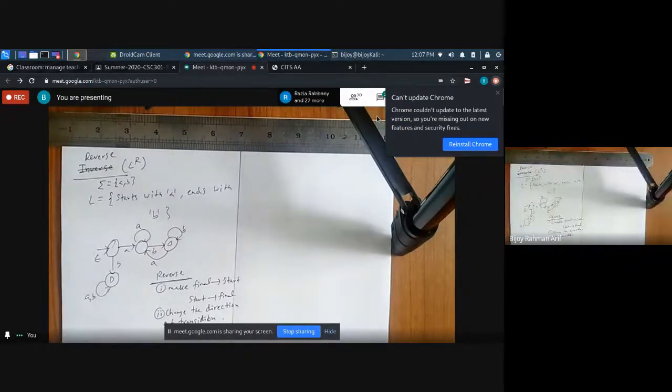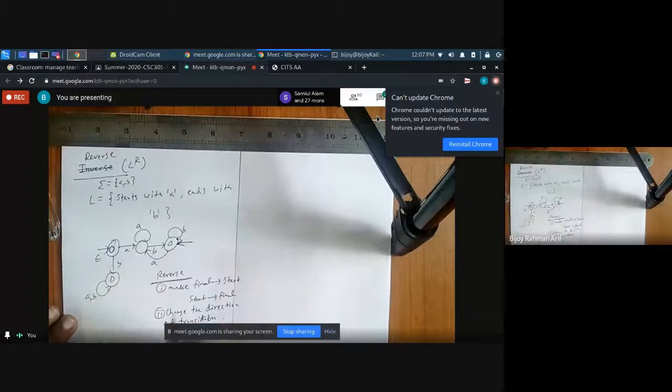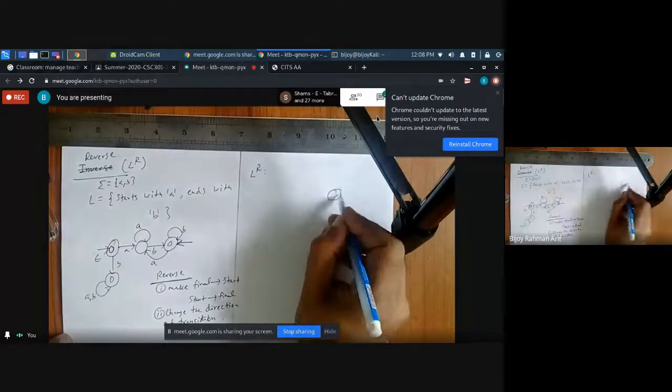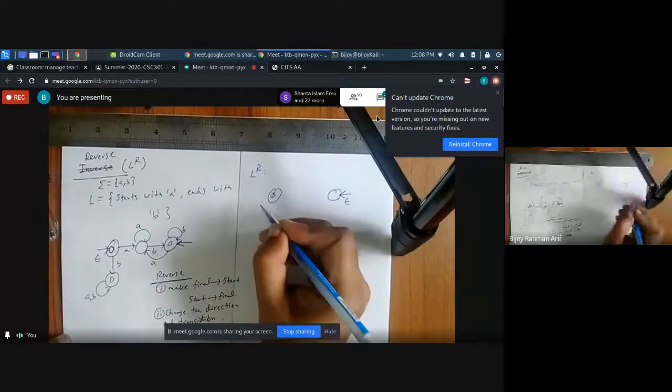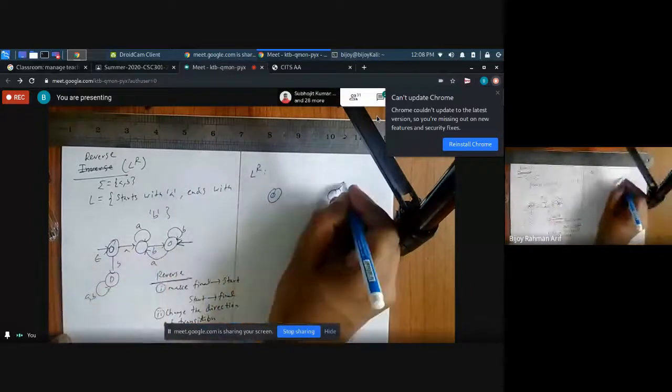Okay. So if I do this, what happens? Which one would become my final state? This one. Which one would become my start state? This one. Am I right? So let's draw this way. LR is nothing but this one would be my start state, and this one would be my final state. Then change the direction. Here it is within this, so it would become like this.